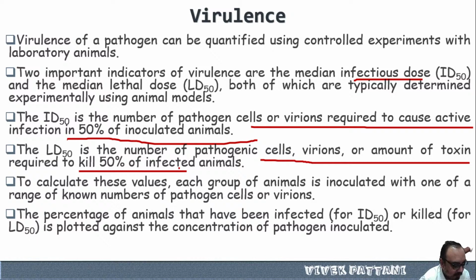Here all the animals are basically experimental animals only. To calculate these values, each group of animals is inoculated with one of a range of known numbers of pathogens and cells or even variants.